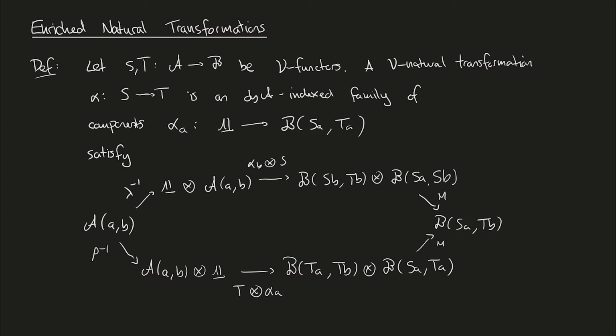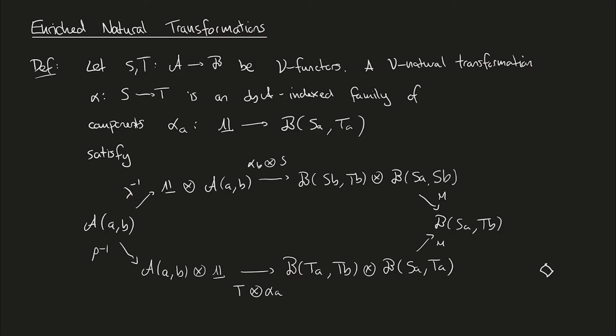Okay, so a V-natural transformation between two V-functors S and T is an Ob(A)-indexed family of components that satisfy the following commutative diagram. And this concludes the definition.